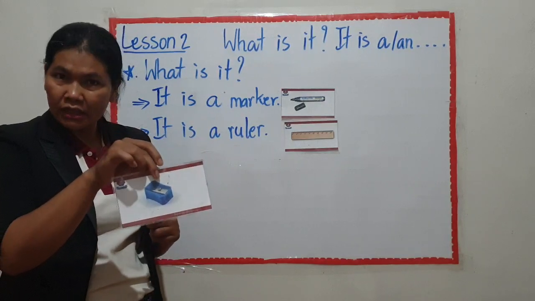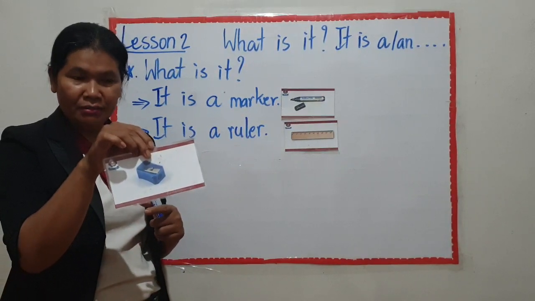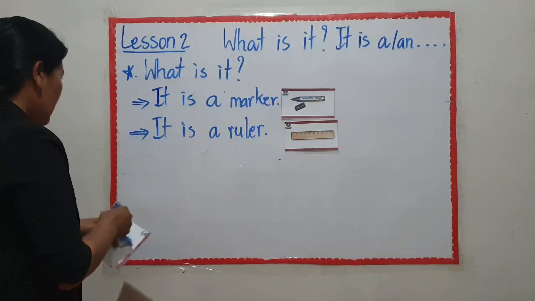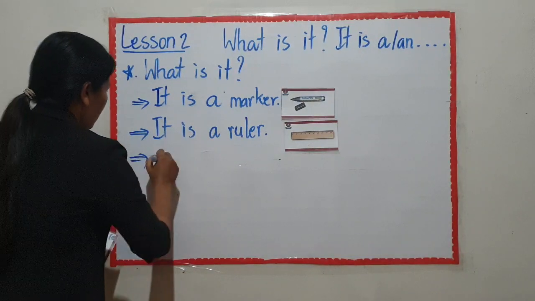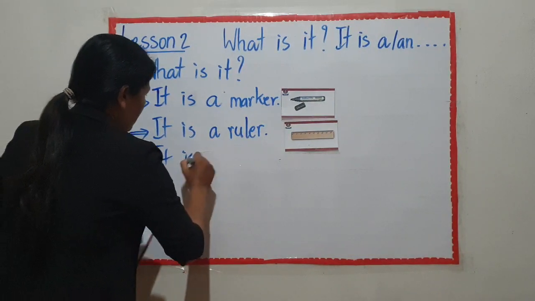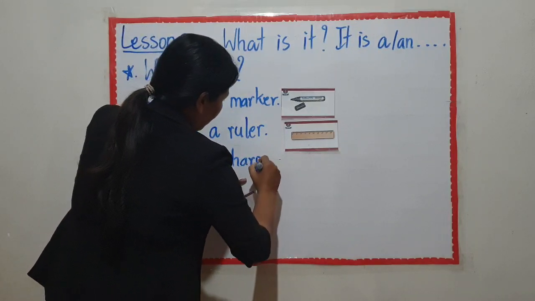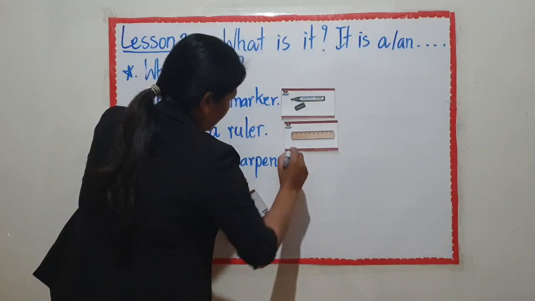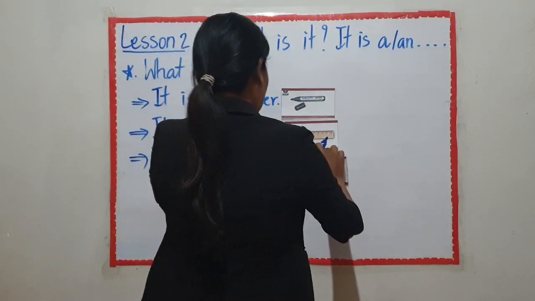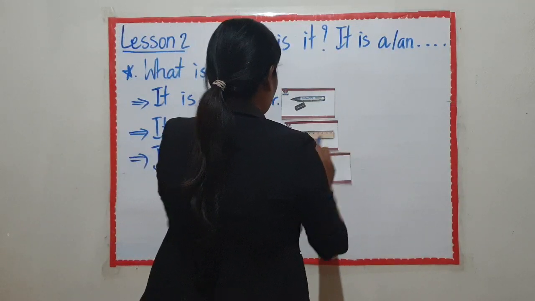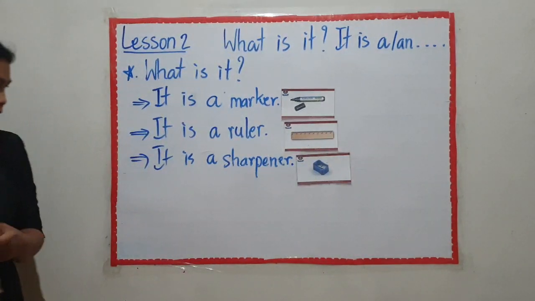Oh, boy. Oh, girl. Can you tell me? Yes, it is a sharpener, right? Is it correct, everyone? Is it a sharpener? Yes, teacher. It's a sharpener. Okay. So this one, it's a sharpener.